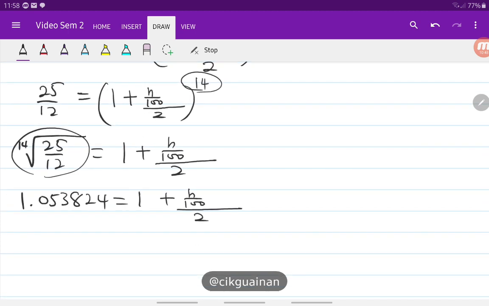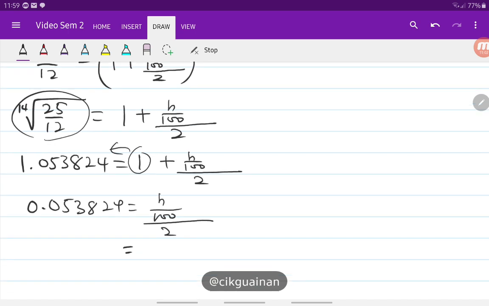The 2 also brings over there, multiply by 2, so H over 100 is 0.10765, and H multiplied by 100 is 10.77%. So the rate is 10.77%, which is quite high.